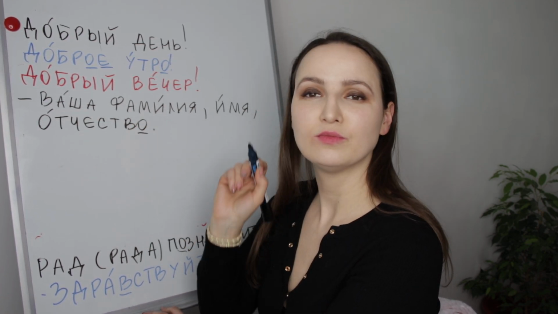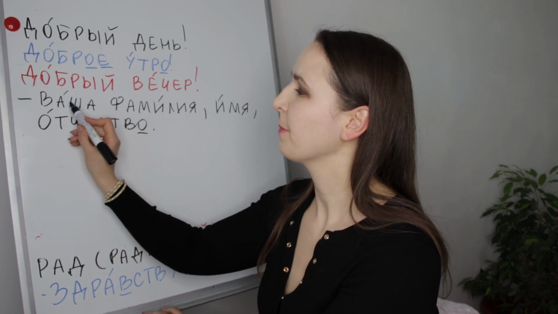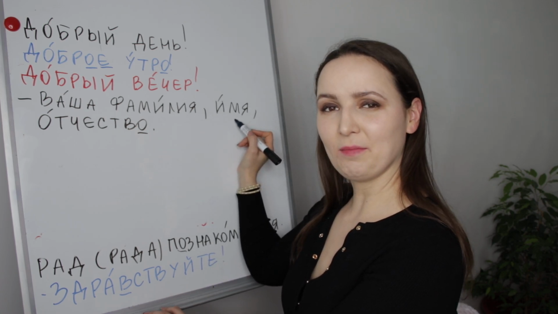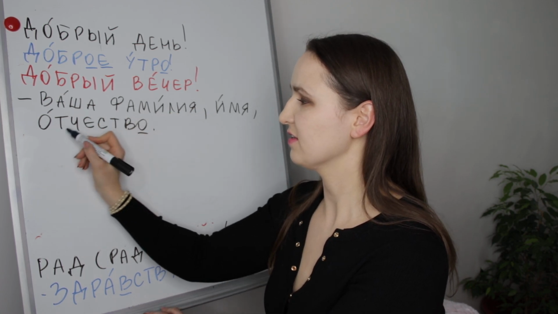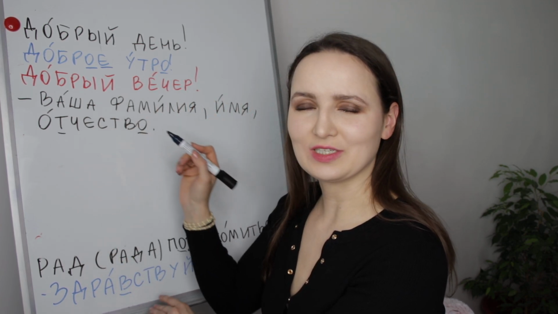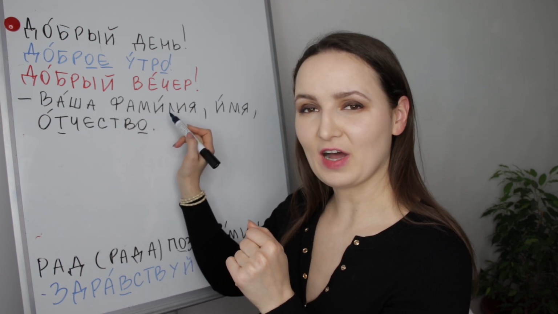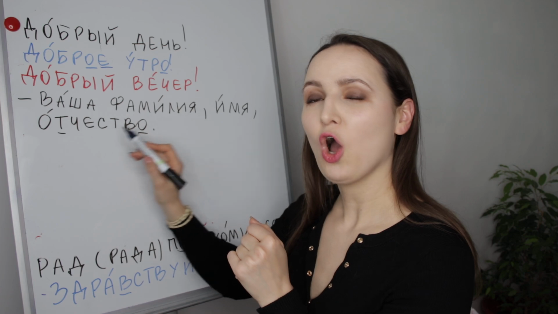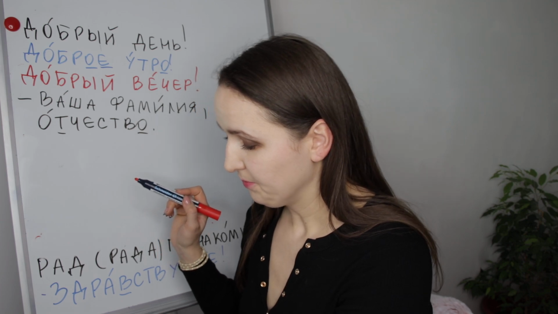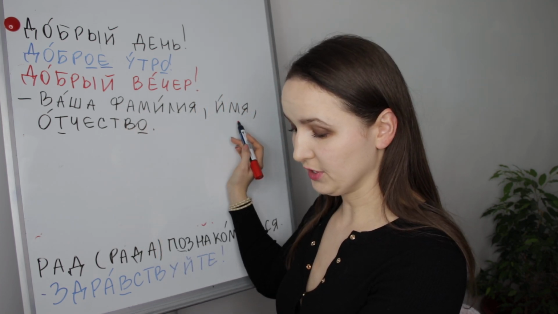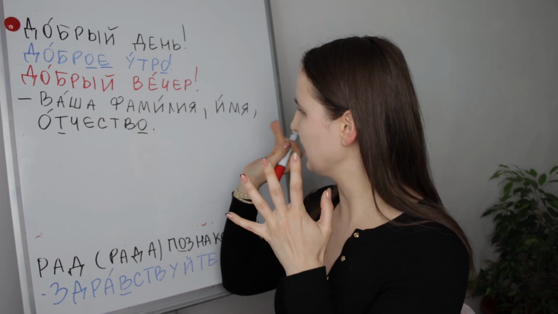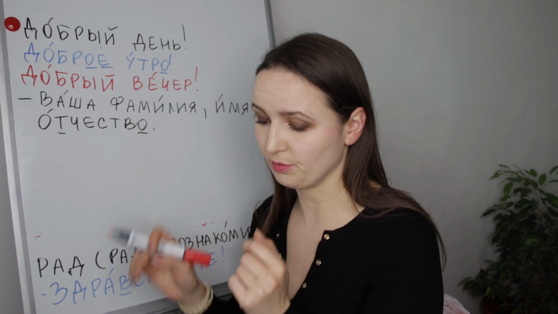Отчество. O, not stressed, pronounce it as a. Ваша фамилия. Имя. Отчество. This one, you even heard it. Ваша фамилия. Имя. Отчество. So, your last name, your first name, and your patronymic. So, basically, what is your last name, your first name, and your patronymic?